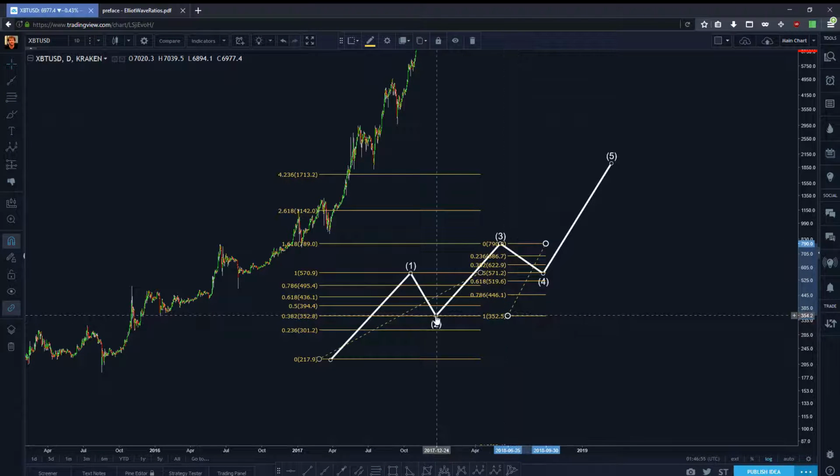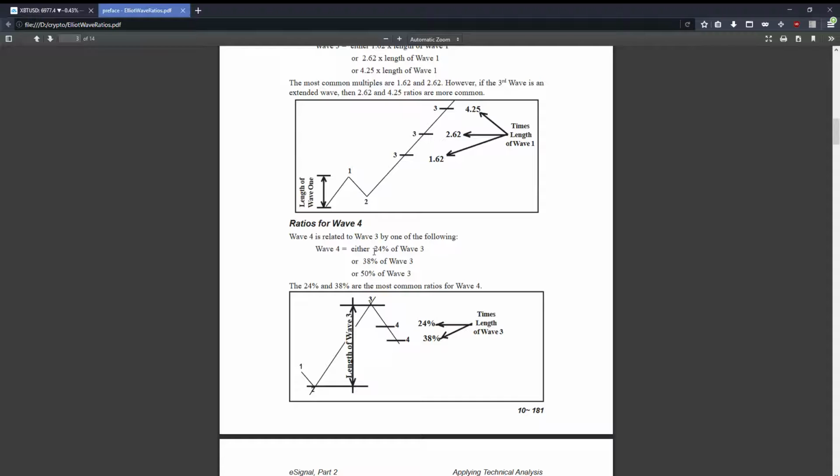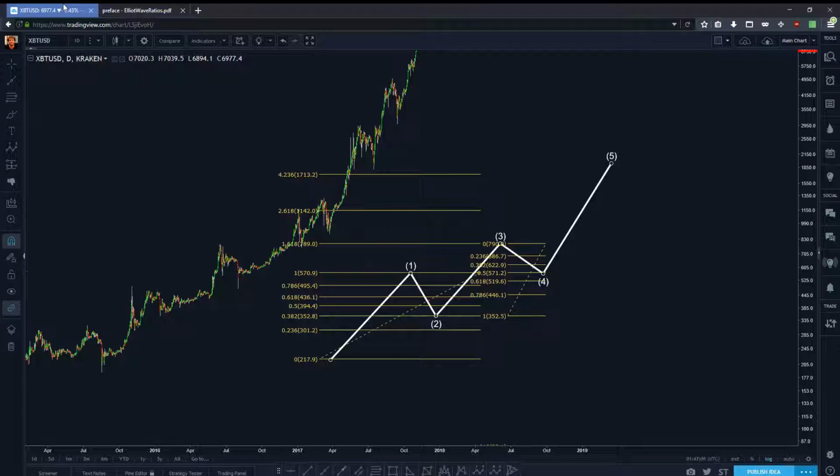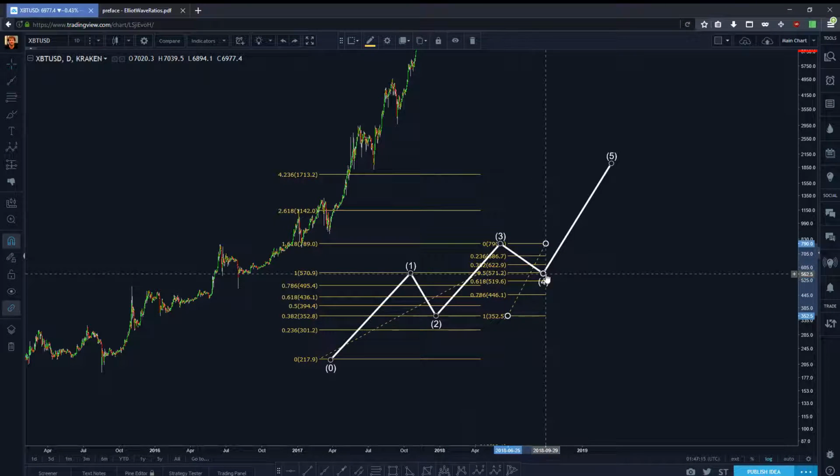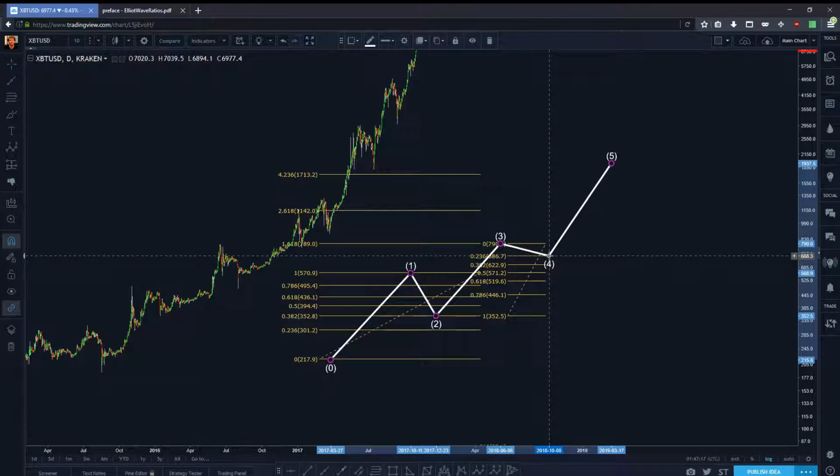And we've lined that up at the bottom of wave 2, which is the start of wave 3, and we're ending it at the top of wave 3. So we're looking for a retrace of 24, 38, or 50%. That would be here, here, or here.